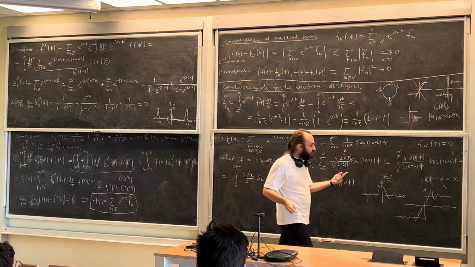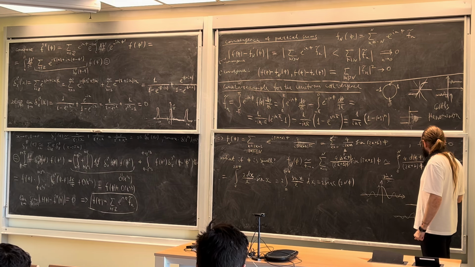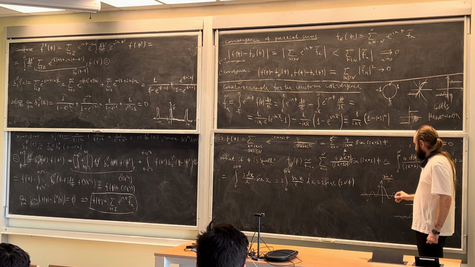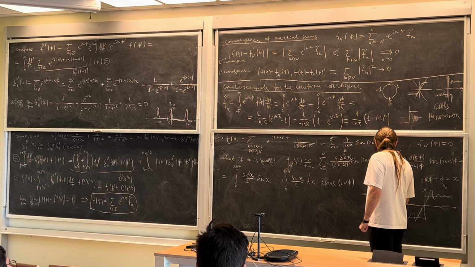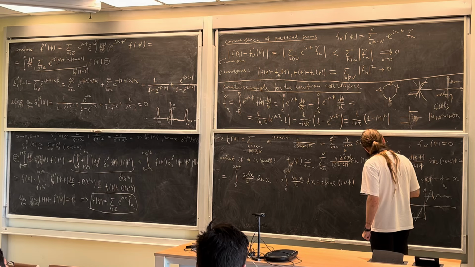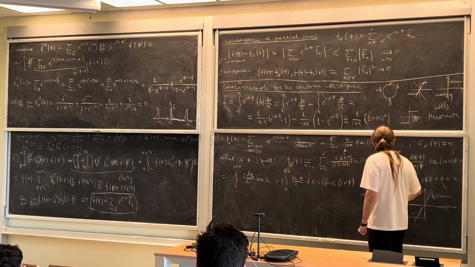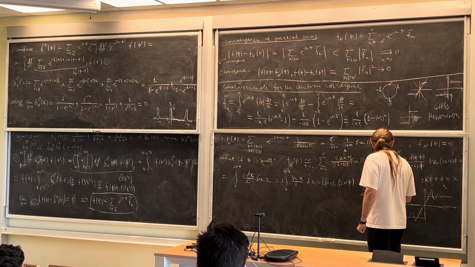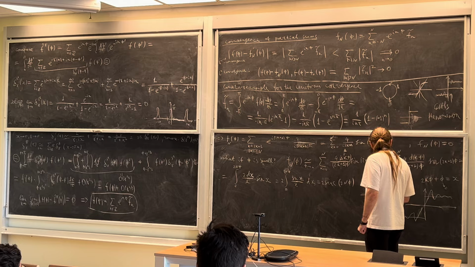So it has a maximum when its derivative equals 0. So this point is pi over 2 when, no, sorry, this point is pi, when sine vanishes, and this is minus pi.